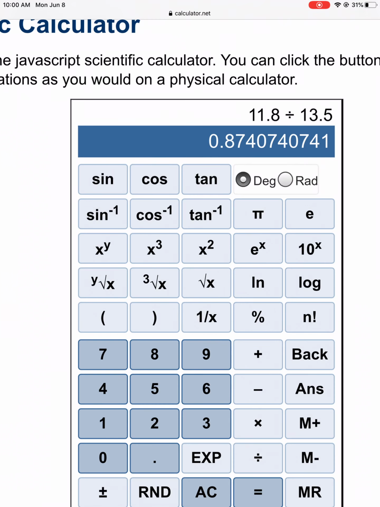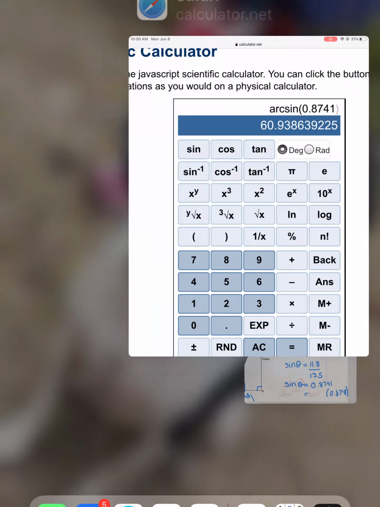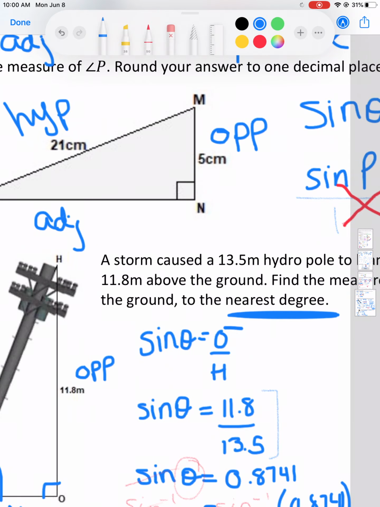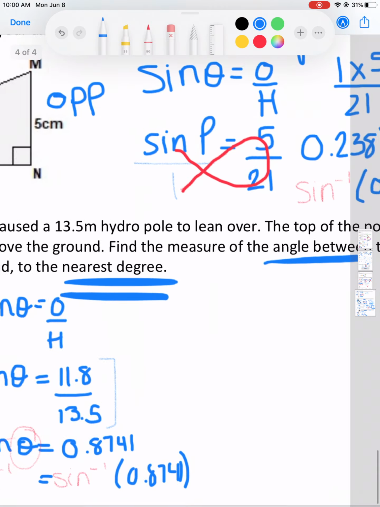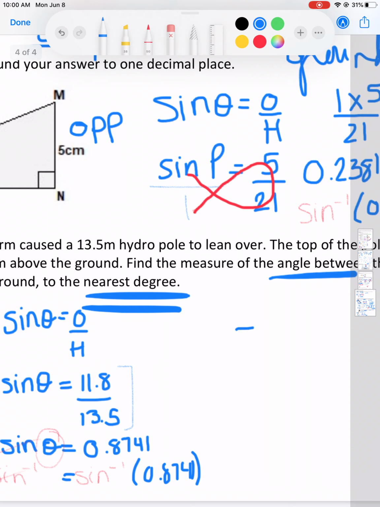Okay, so sine to the minus 1, 0.8741, I think that was it. It's equal to 60.9. It says to the nearest degree, that's a full degree, so that'd be 61. Therefore, the telephone pole fell at an angle of 61 degrees.